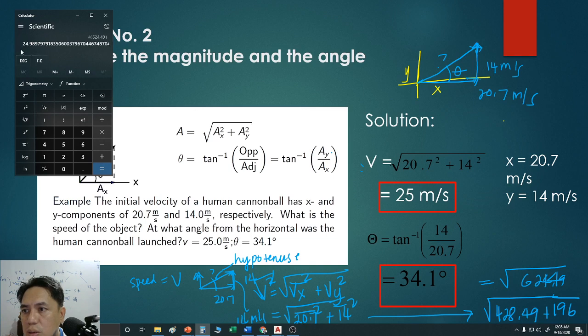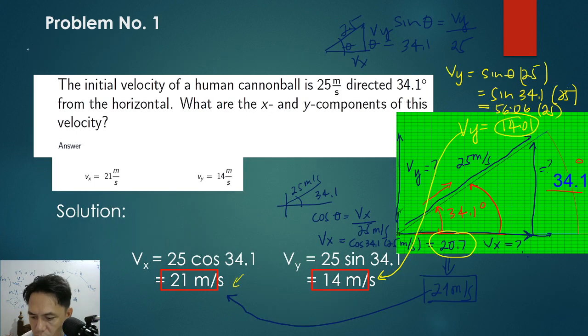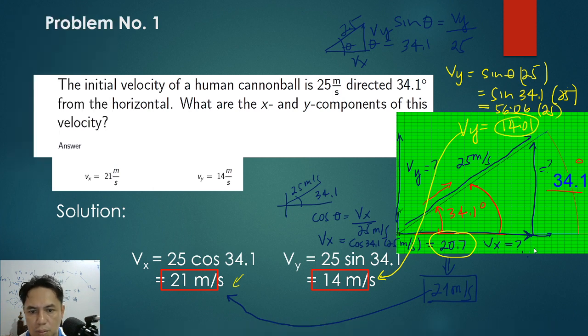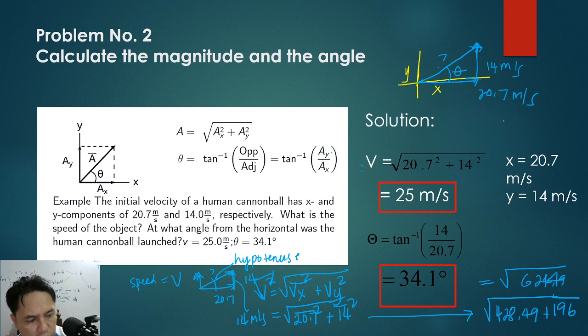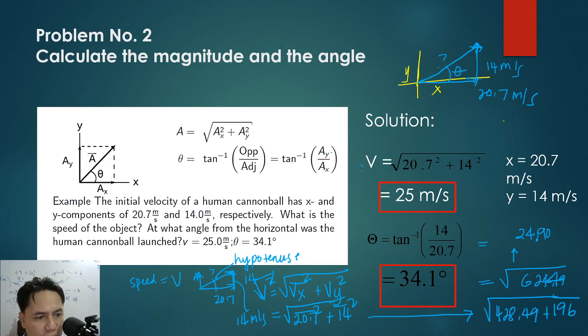So the root of 624.49 is 24.989. If rounded up, it is roughly 25.